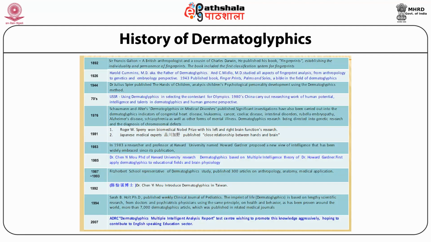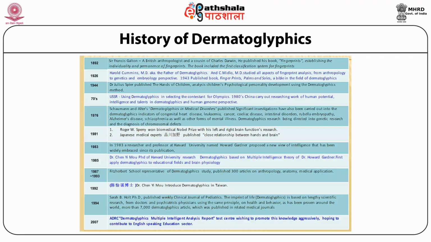Significant investigation has also been carried out into dermatoglyphic indicators of congenital disease, leukemia, cancer, celiac disease, intestinal disorders, rubella embryopathy, Alzheimer's disease, schizophrenia, as well as other forms of mental illness. Dermatoglyphics research is being directed into genetic research and the diagnosis of chromosomal defects.